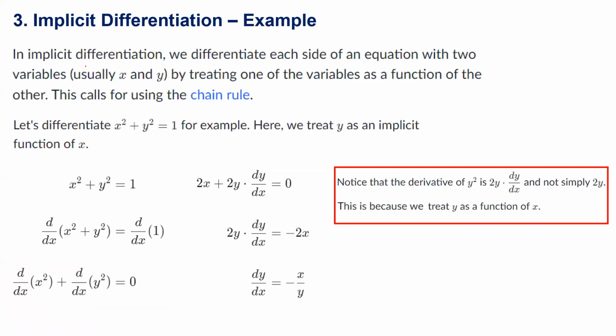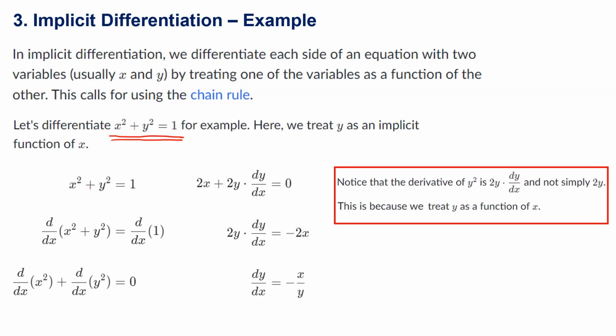In implicit differentiation, we differentiate each side of an equation with two variables, usually x and y, by treating one of the variables as a function of the other. This calls for using the chain rule. For example, in this multi-value function, x squared plus y squared equals 1, we can treat y as an implicit function of x.